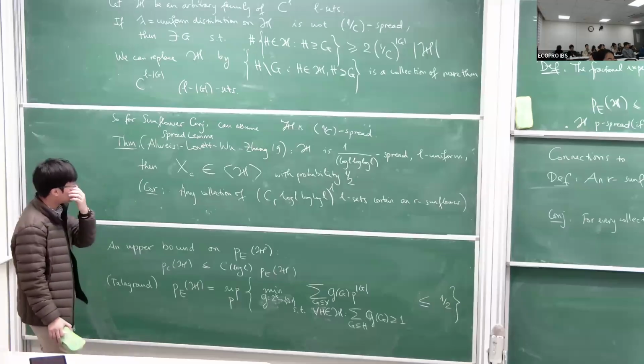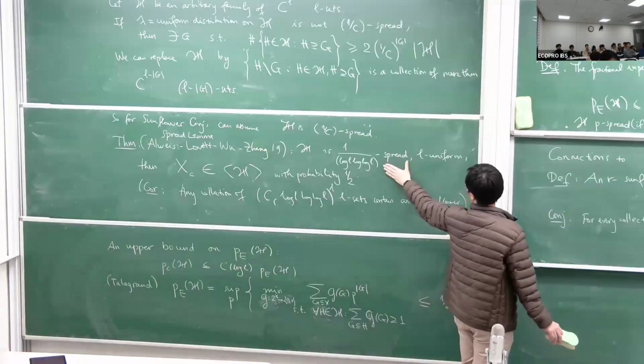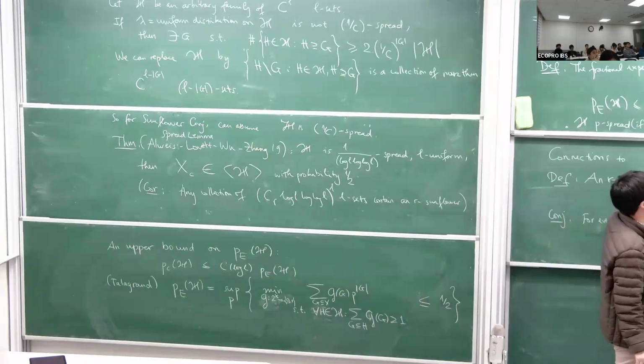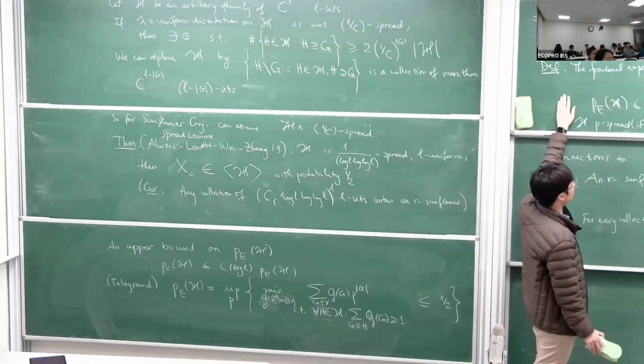So Talagrand already tells us the relation between this notion of spreadness, which also comes up naturally when you work on sunflowers, and the study of thresholds, via exactly this discussion right here.